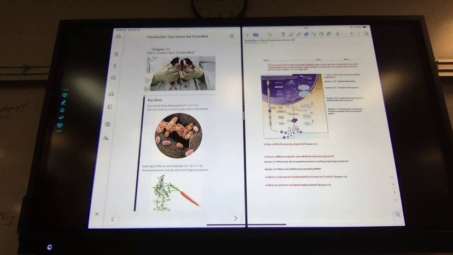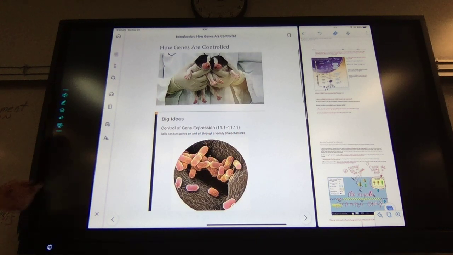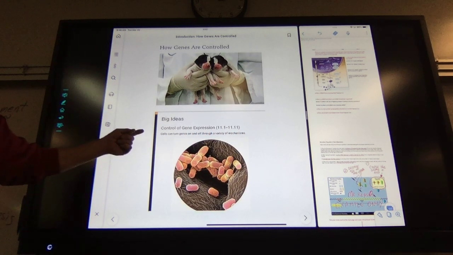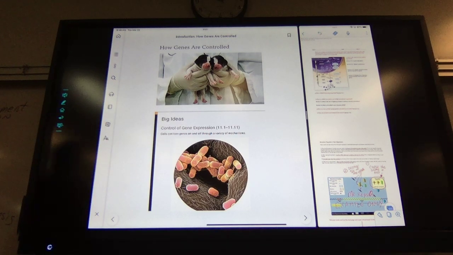So look on the left on my screen. I have the textbook, Chapter 11. And we are just doing a little bit of this big idea right here, the control of gene expression. So at the beginning of class, we reviewed DNA to RNA to proteins. That's called gene expression. So the DNA code is all there, but what is going to actually turn it on or turn it off?